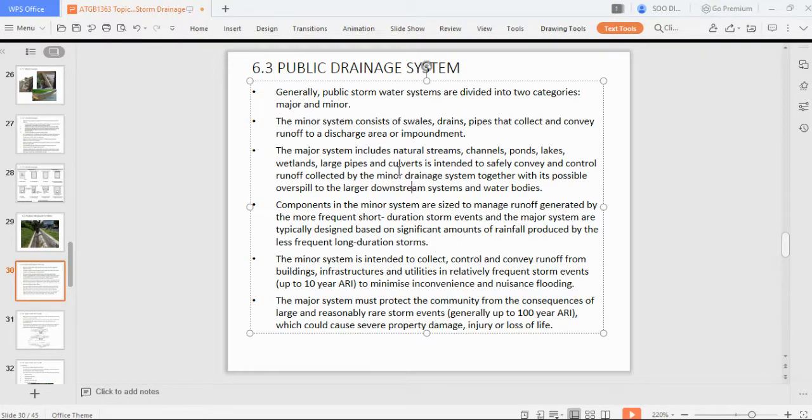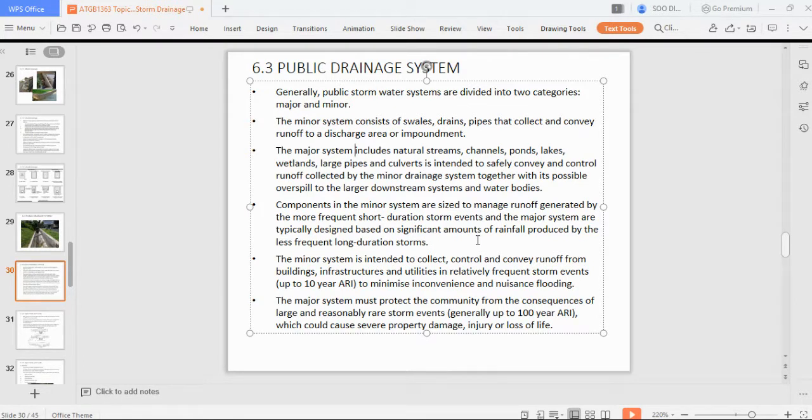Okay, so there are two types of system, major and minor. So minor is just to convey runoff, and major is to convey and control the runoff from the minor system to an even larger body of downstream system.